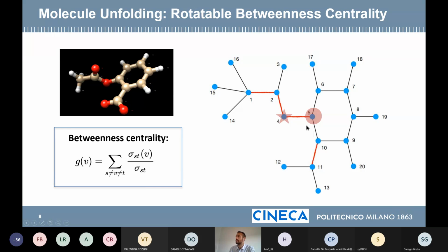This means that if you look at the atoms that define the rotatable bonds, which are those, when you define the rotations, since 5 is the atom with the highest centrality, all rotations will depend on this bond here, the bond which connects 5 with 4. And this is basically the idea behind the centrality.